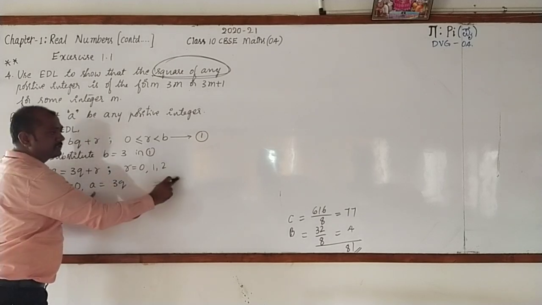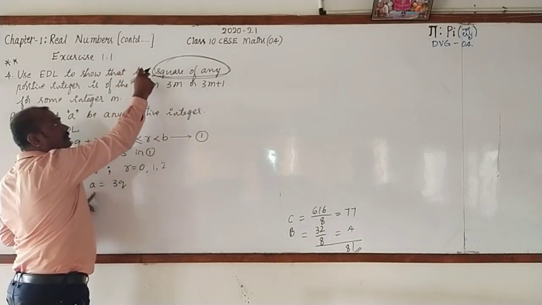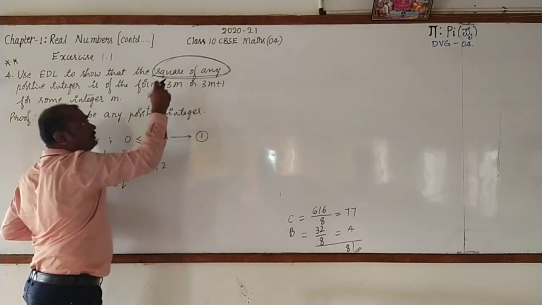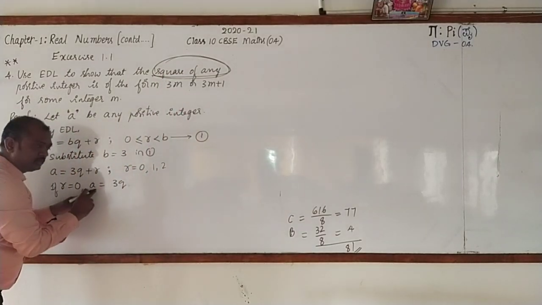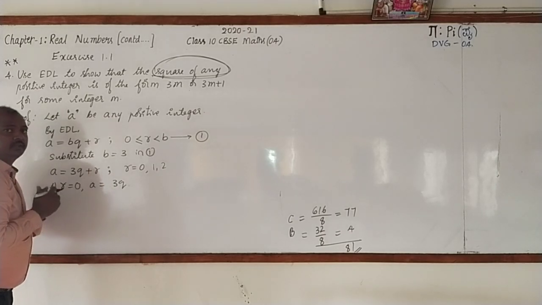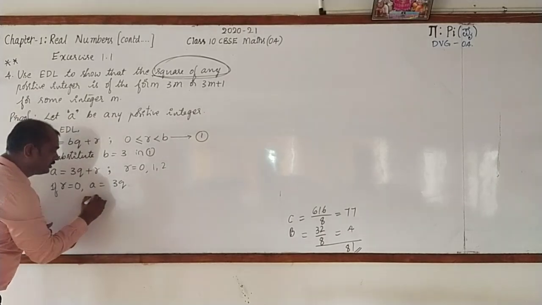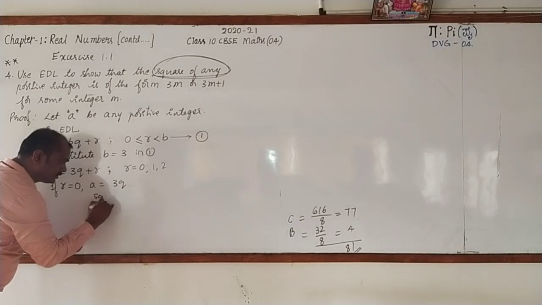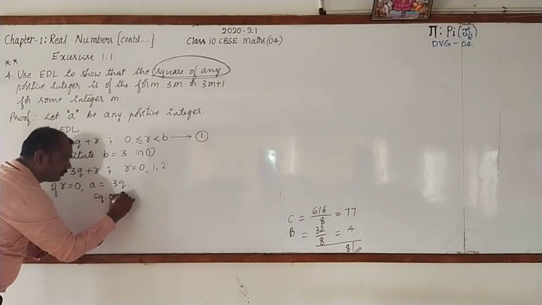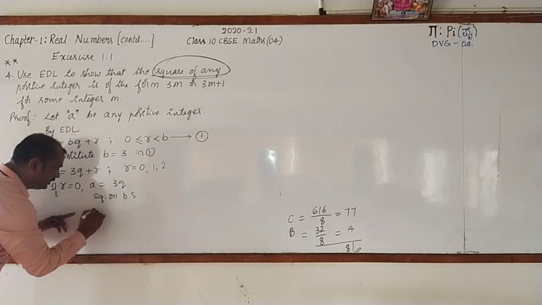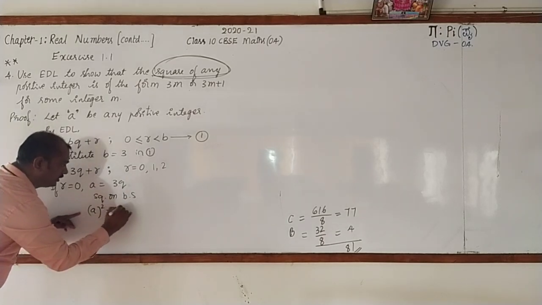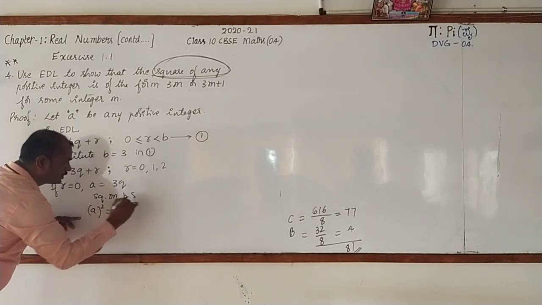You don't call it as statement 2 because in the statement it has been given that square of any positive integer. Hence, this is the positive integer. We have to take its square. What should be written here? Very good. It is squaring on both the sides. It is a whole square, 3q whole square.